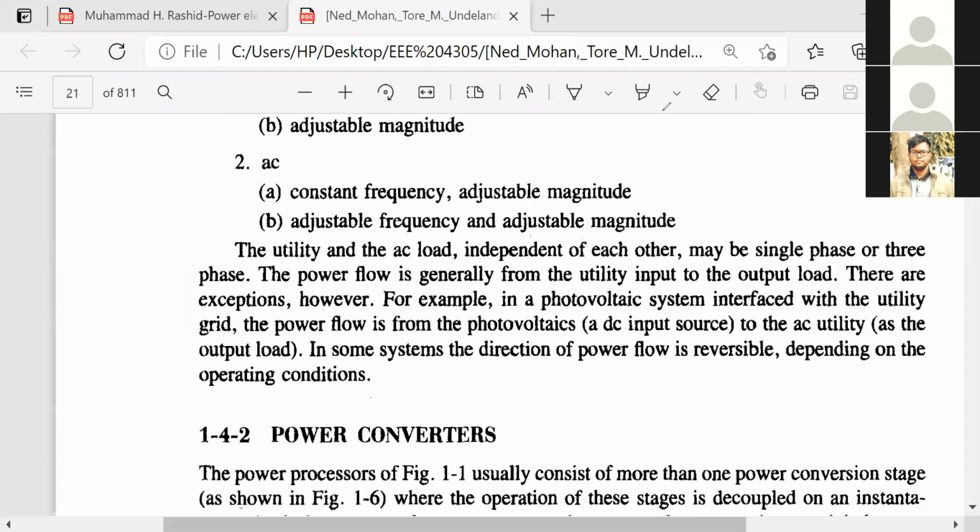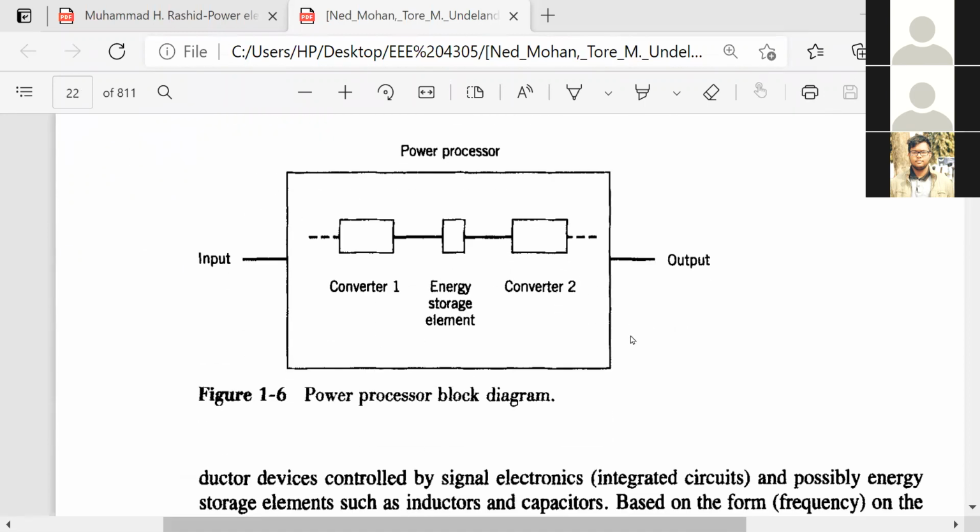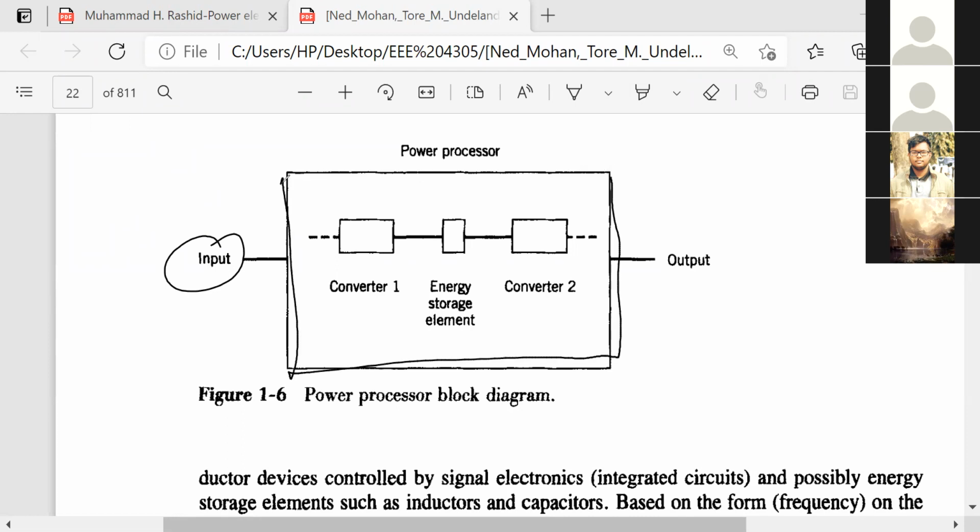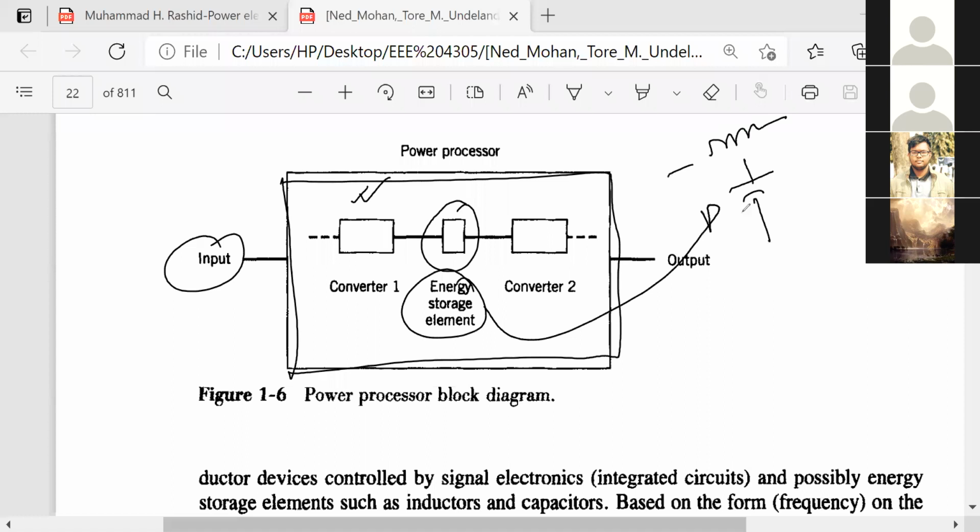Okay. So let us have a look at the power processor here. This is the block diagram of the power processor. I hope you can see it, right? Yes, sir. Input is entering into this power processor block. You can use one converter, then some inductance or capacitance could be here, as an energy storage element.